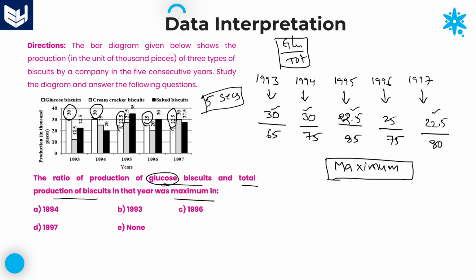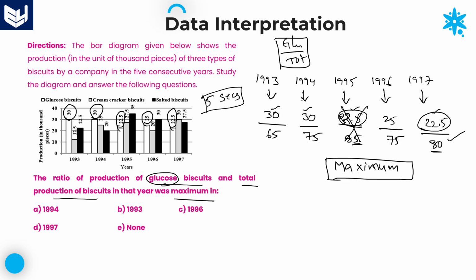Whenever numerator values are the same, the fraction with the smaller denominator is larger. Here the denominator is 85, and here the denominator is 80. So obviously this value is maximum compared with that value. So you can cancel 1995 directly without any hesitation.